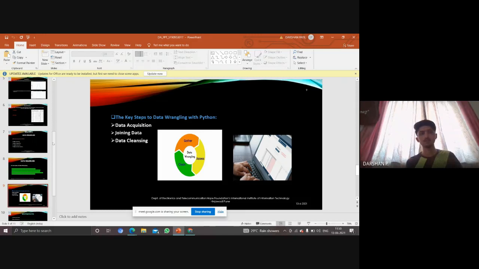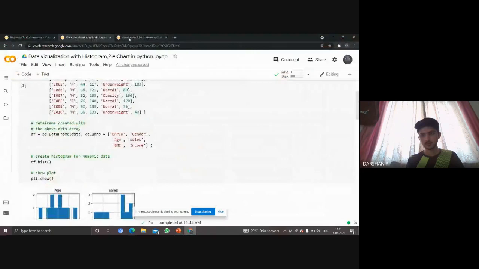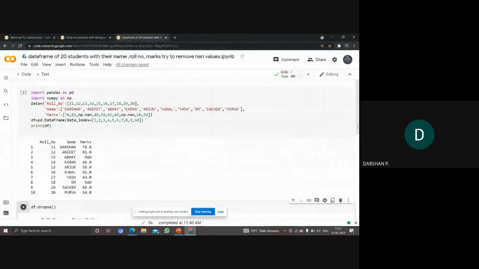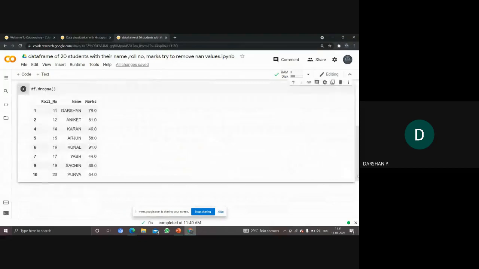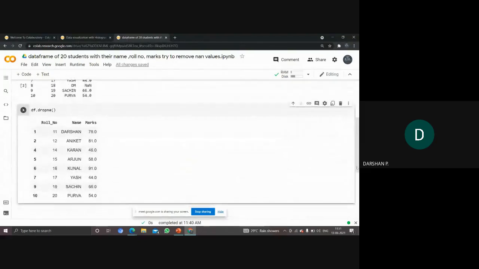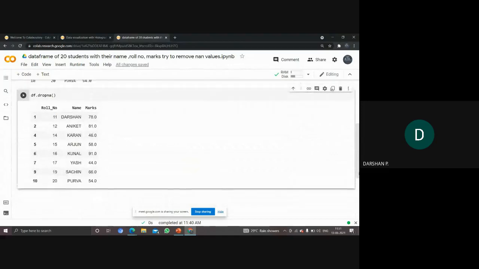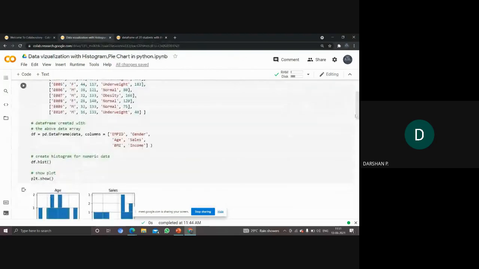So let's take a summary of our show. We have seen the data frame of 20 students, and we have to drop their NaN values, so we use the function df.dropna here. Then the data visualization with histogram and pie chart.